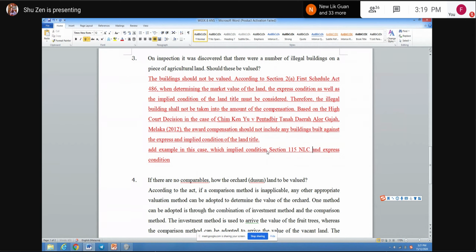Are you going to value the 5 accommodation buildings? I think it can be valued if it doesn't exceed the allowable area.